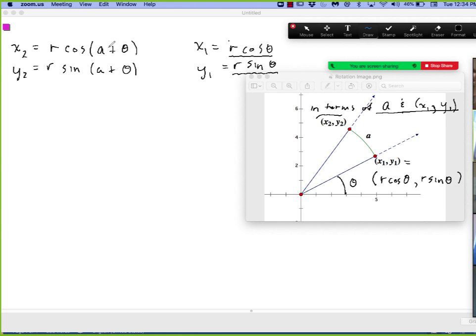So does cosine of A plus theta equal cosine of A plus cosine of theta? Is that true? It's not true. There's some angle addition formula for cosine. It doesn't equal that, but what does it equal?